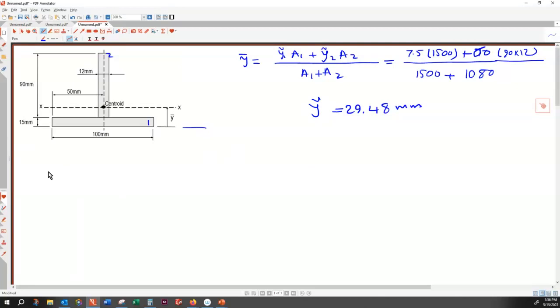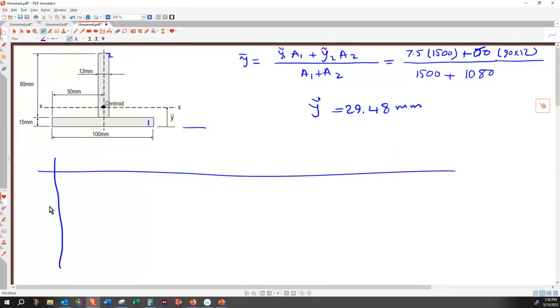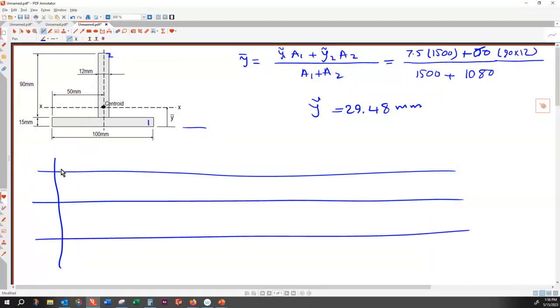All right, now let me form a table. In this table, I put the shape numbers here. So first thing first, that is the area of the first shape in millimeter squared. For the first shape, that is 1,500. For the second shape is 1,080.